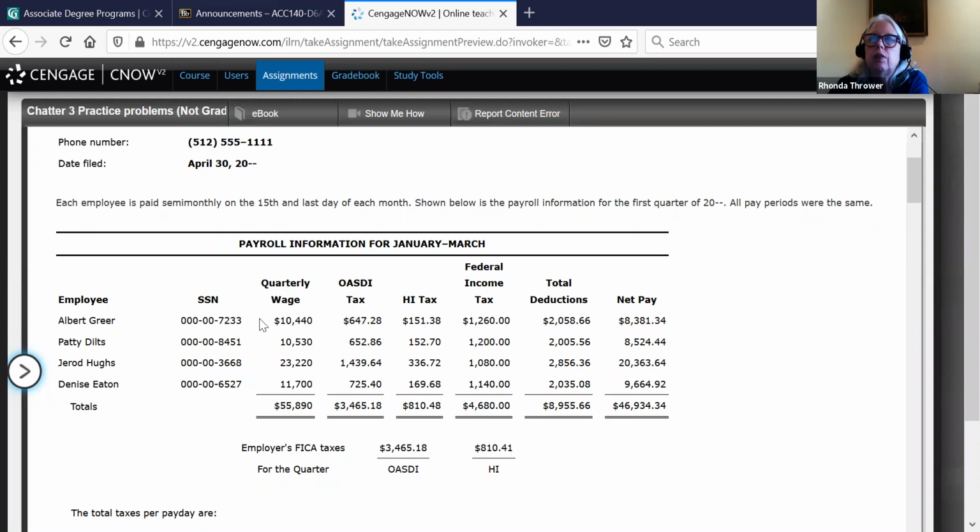Actually, you take this and divide it by 6, because if it was semi-monthly and there are 3 months in a quarter, it'd be 6 pay periods. So in other words, 10,440 divided by 6 pay periods.